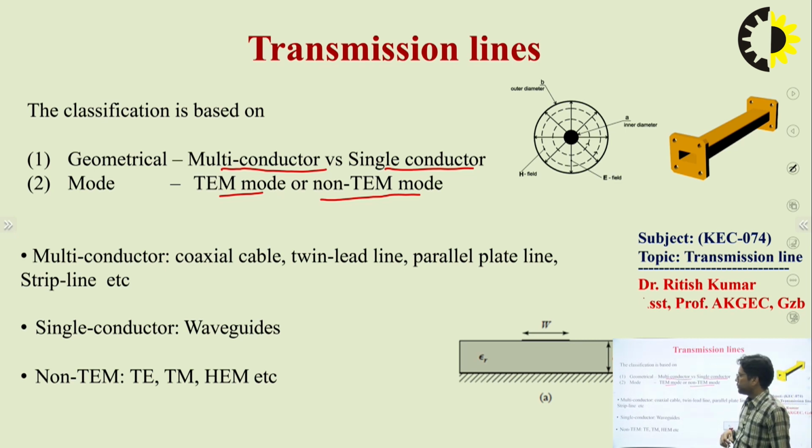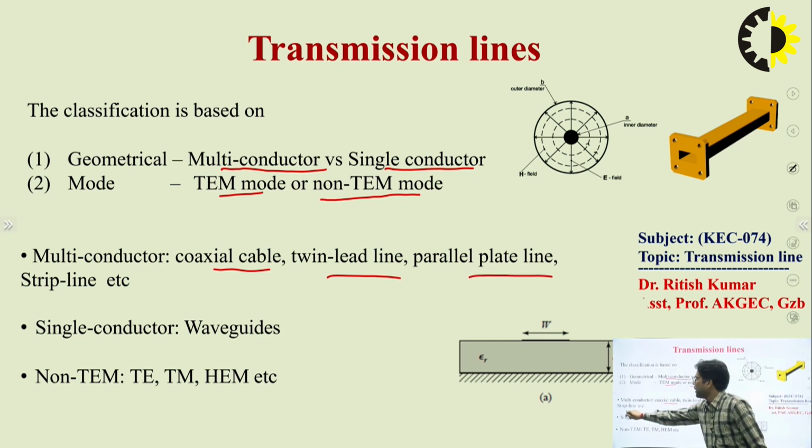In this topic, from the geometrical point of view, the first one is the multi-conductor transmission line, for example coaxial cable, twin lead line, parallel plate line, and strip line, etc. You can see here a cross-sectional view of a coaxial cable, where we have the inner conductor and outer conductor.